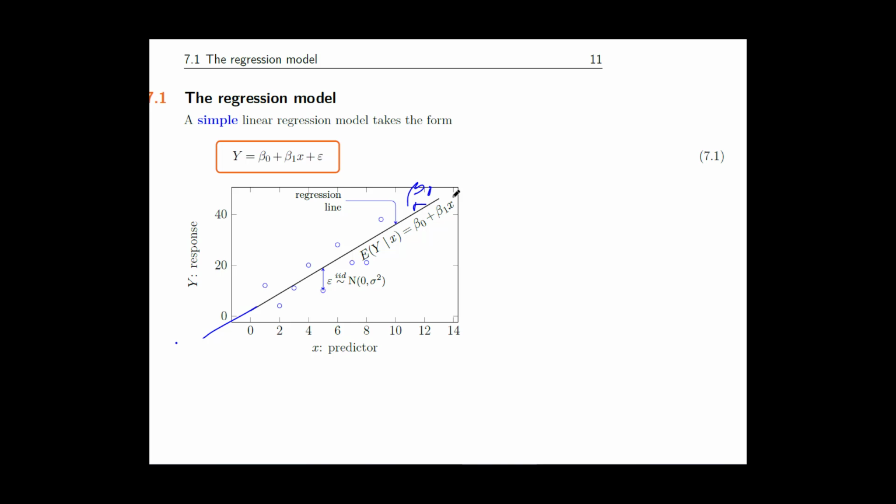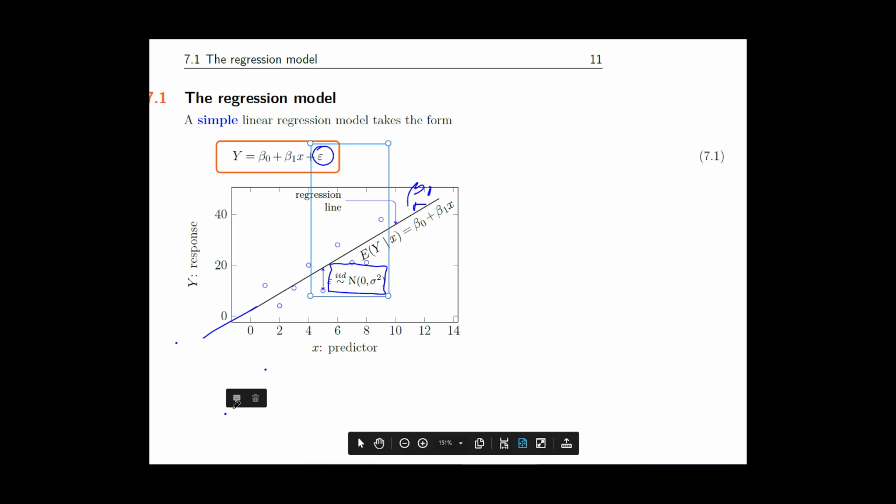And then we're going to assume that there's an error, epsilon. And epsilon will be IID and normally distributed like that, right? So epsilon is the error, right? So it's the difference between the observation, which are the dots, to the line. This is the regression line, okay?